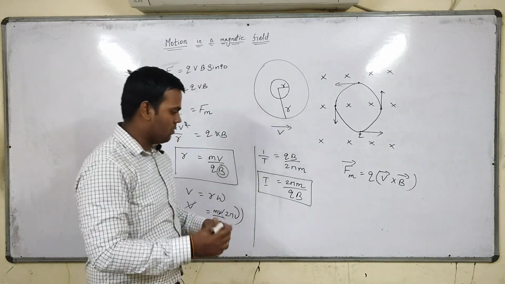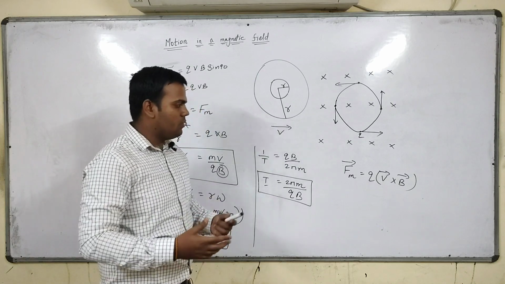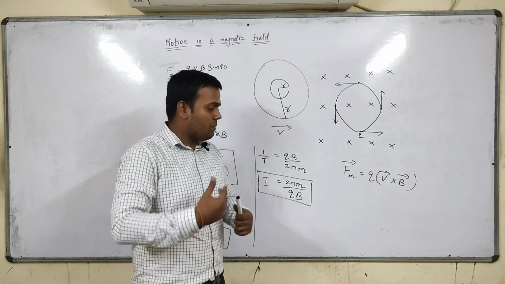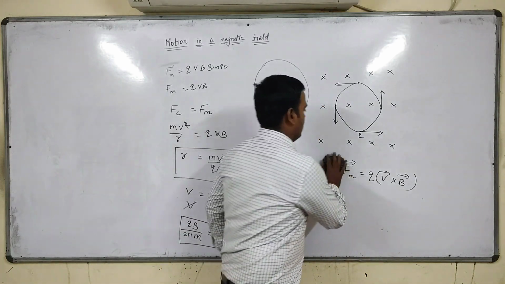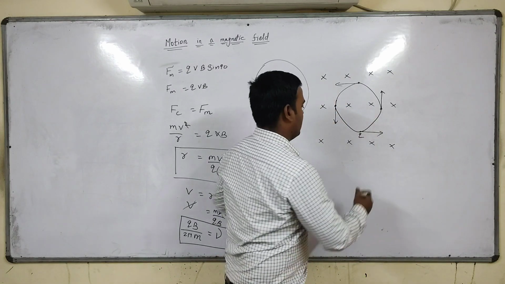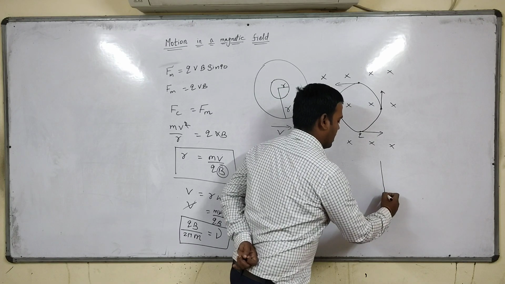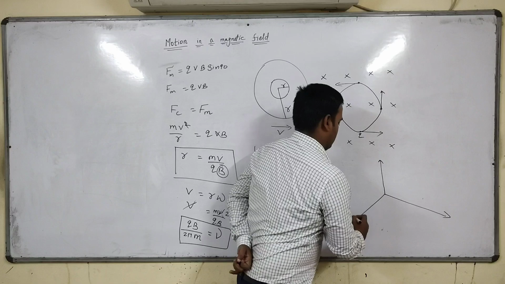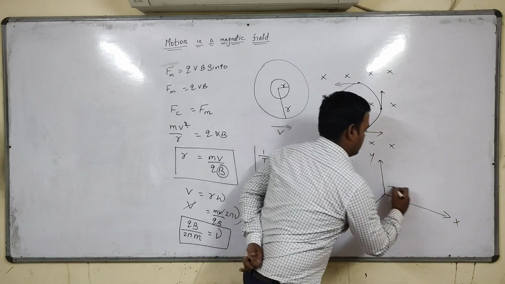And now we are going to understand the second case, in which the charged particle is moving with some angle other than 90. Suppose here we have axes x, y, z, and the magnetic field is in the x direction, something like this.